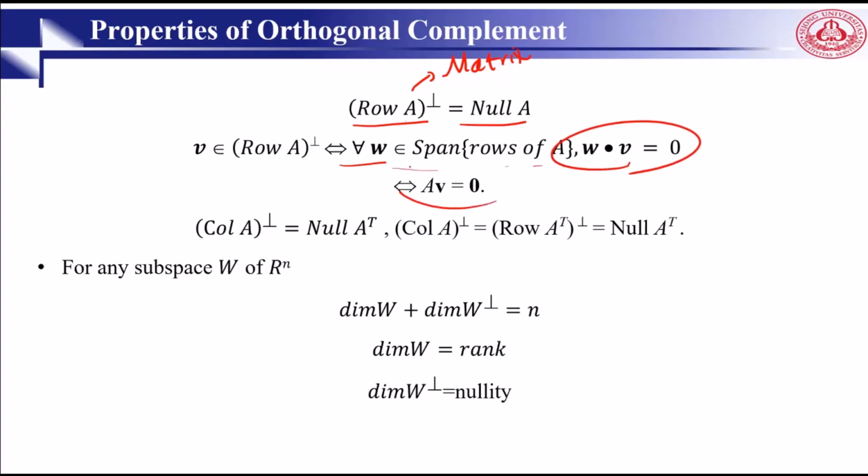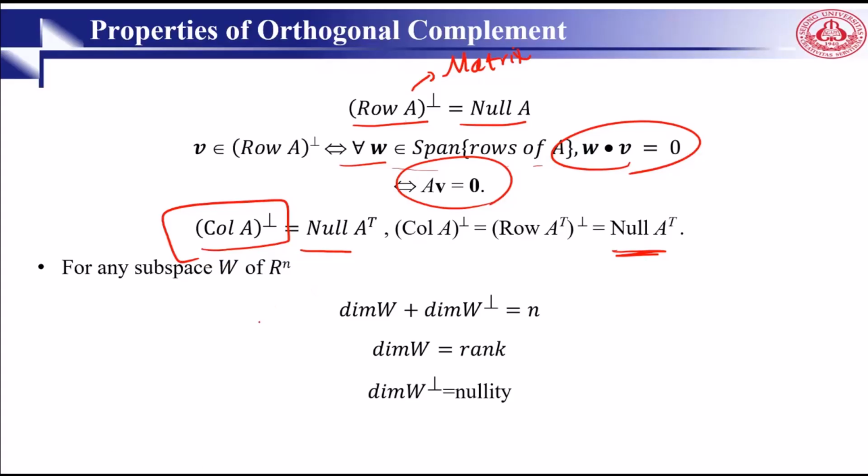This is equivalent to Av equal to 0. Then for the column space orthogonality, the orthogonal complement of the column space of A is equal to the null space of A transpose, or null A^T. The orthogonal space of the column space of A is equal to the orthogonal space of the row space of A transpose, which is also equal to the null space of A^T.